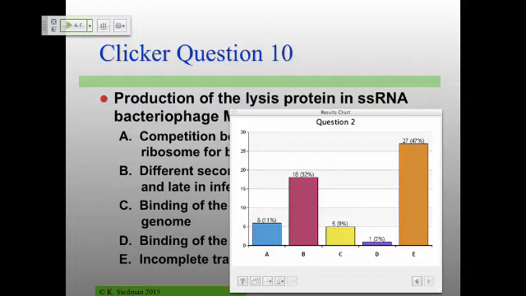But I did want to talk about some of the other things as well because this does have to do with regulation of the other proteins in MS2 and how those are actually being regulated. So competition between the replicase and ribosome for binding, which is number 1 up here, is regulation of which protein?